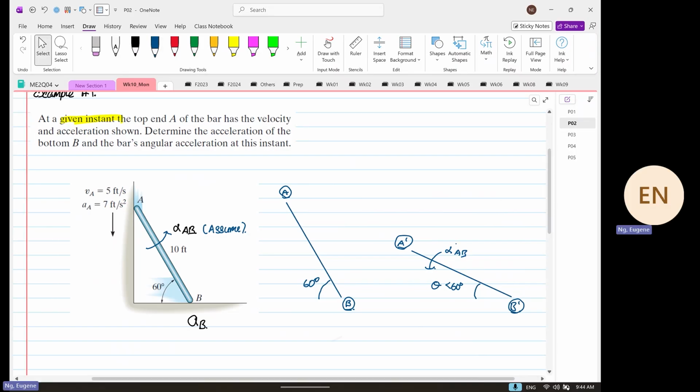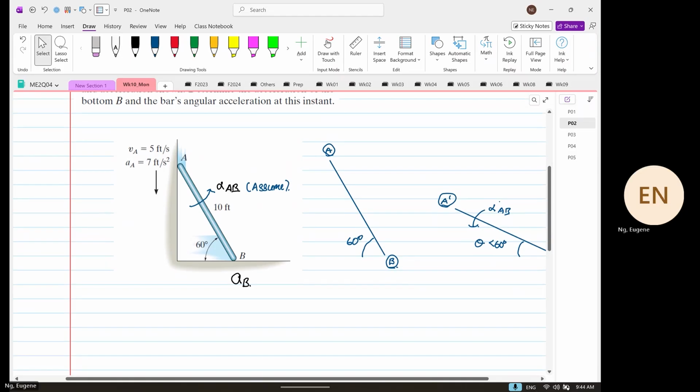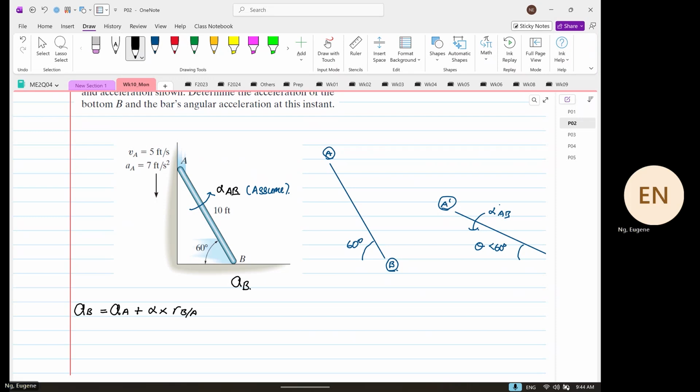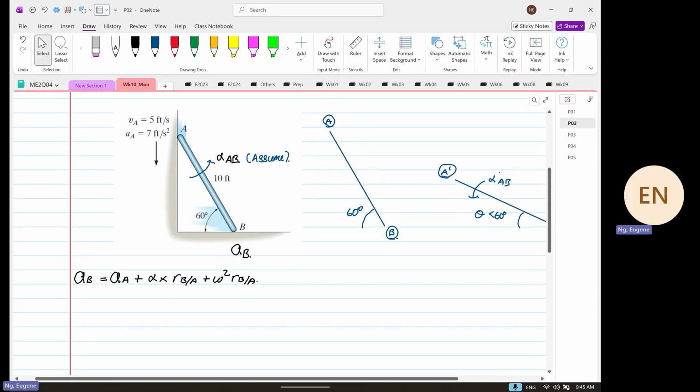From here, the formula that we are going to use is to find A_B, which is equal to the acceleration at point A, plus alpha cross R_B from A, plus minus omega squared R_B from point A. If we look at over here, what are the unknowns?